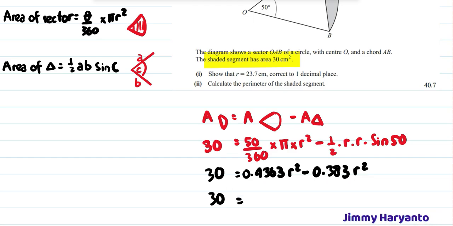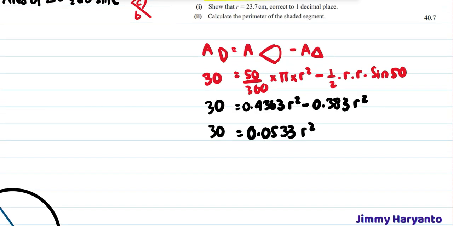30 equals 0.4363 minus 0.383. So you have 0.0533 r squared, and then 30 divided by 0.0533 equals 562.8517, which equals r squared.